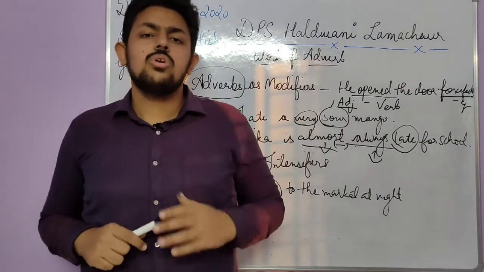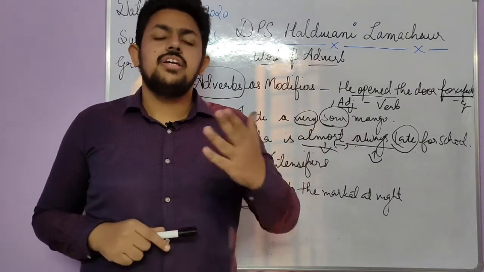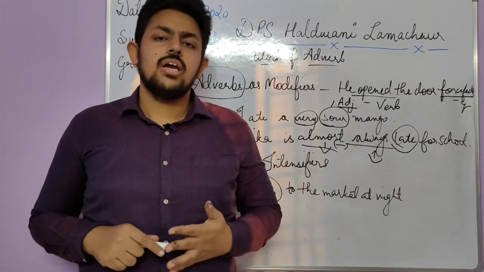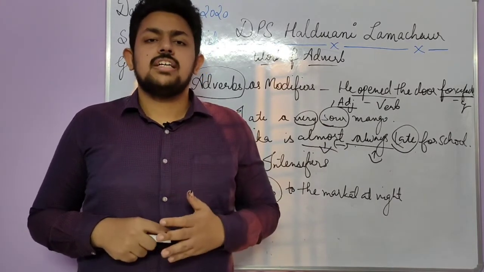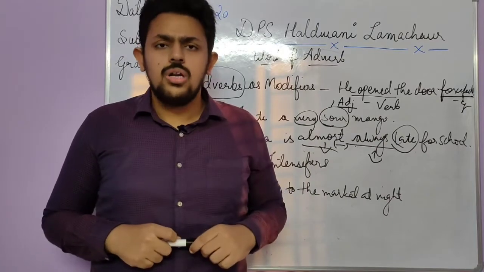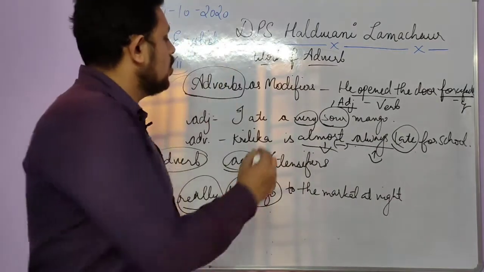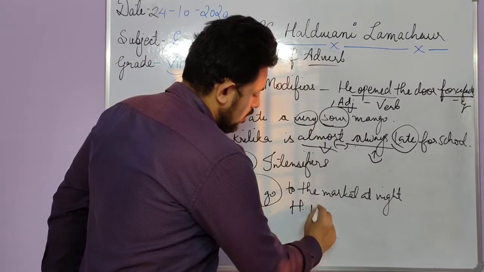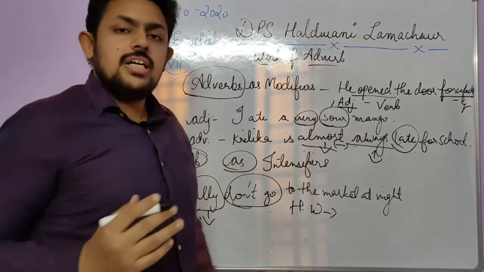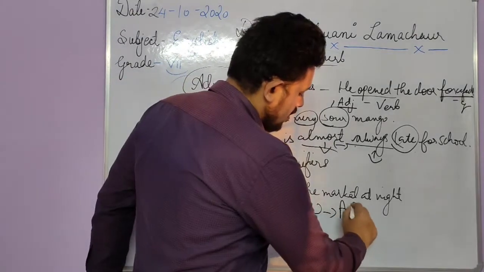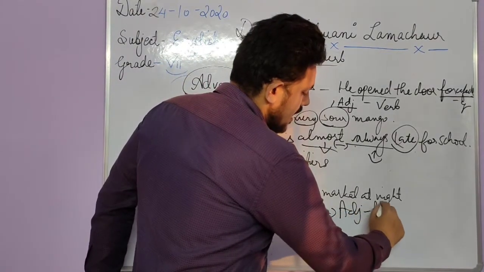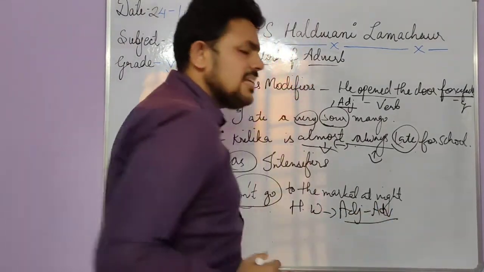Now you have some more things in your book, like the degrees, the comparison, how you make adverbs from adjectives. That you have to learn on your own. That is your homework. What is your homework? Your homework is to read the transformation of adjectives to adverbs and the comparison chart.